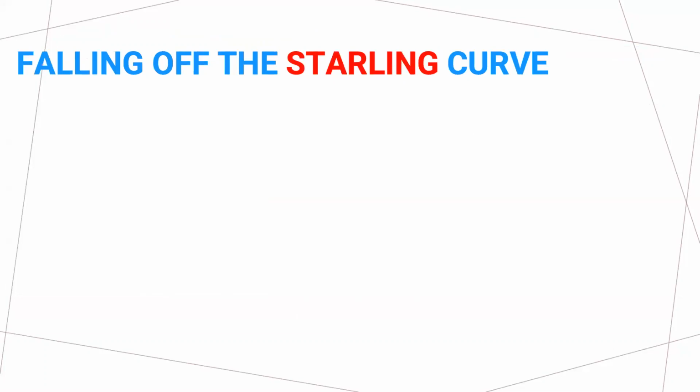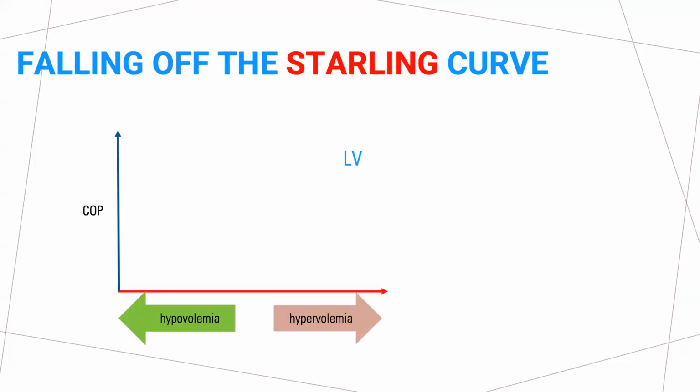Another physiologically important note about the RV is the Starling curve. The RV falls off the Starling curve. What is the meaning of this? In the LV, when increasing the volume, contractility increases until some point; with more increase of volume or left ventricular end-diastolic pressure, there is no further increase of cardiac output.